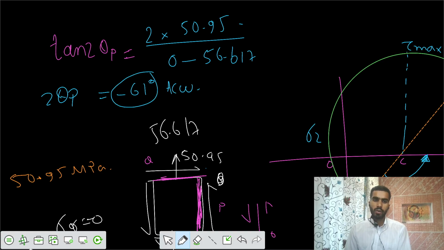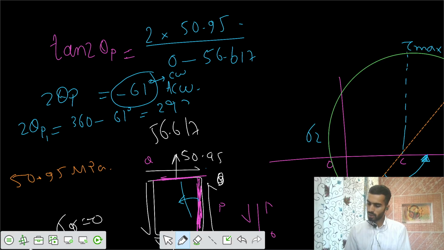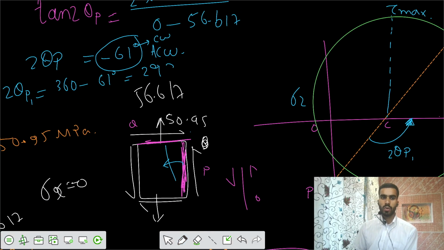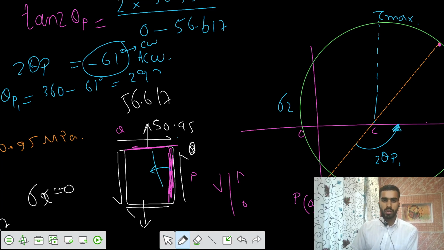Now if I go clockwise, I would say 360 minus 61 degrees. So this is your clockwise actually, but during the derivation we go anti-clockwise. You have to go not 360, you have to go 180 degrees minus 61.